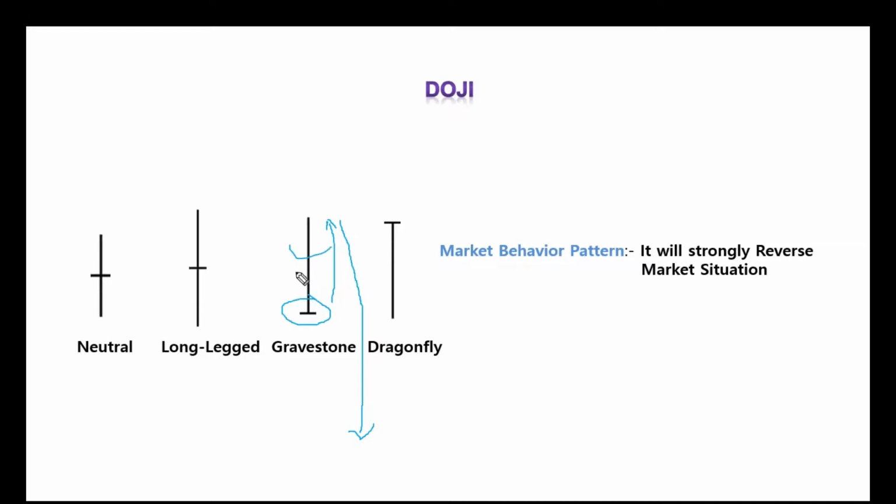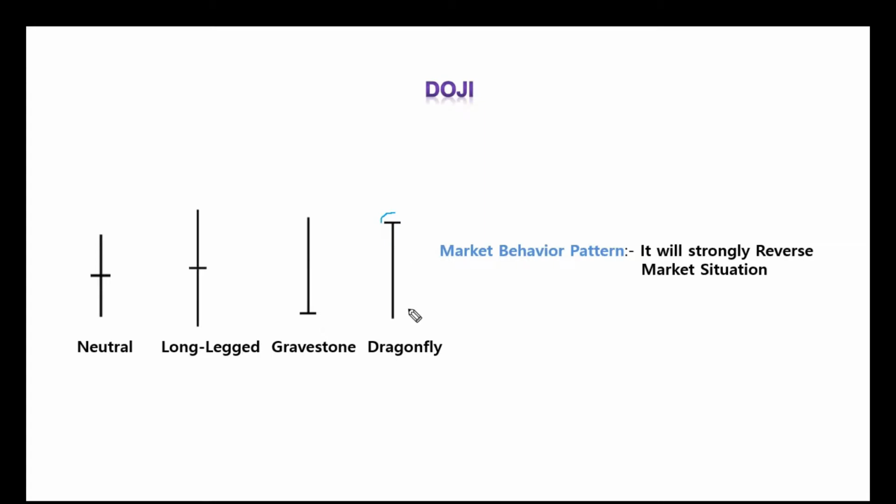This wick has arisen and the market has closed exactly where it opened. The price has become fair for the buyers, and they exit at the same entry price, and this kind of gravestone doji has formed. So it is a strong reversal downside candlestick pattern.